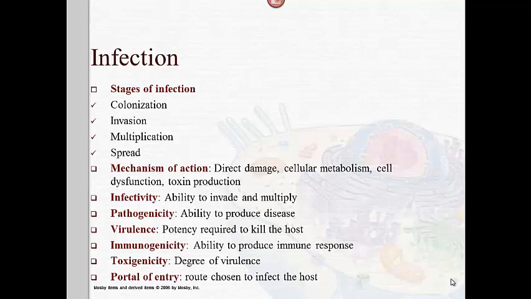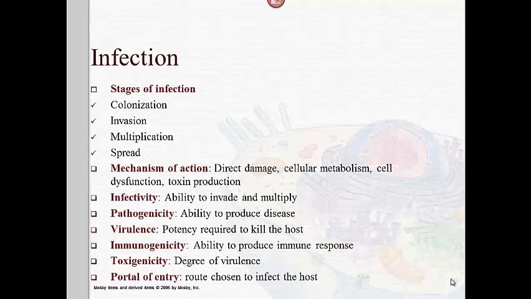What is toxigenicity? It's the degree of virulence, the degree of the potency that is required to kill the host. Now we will discuss the clinical infectious disease stages and port of entry and exit of the disease as well.